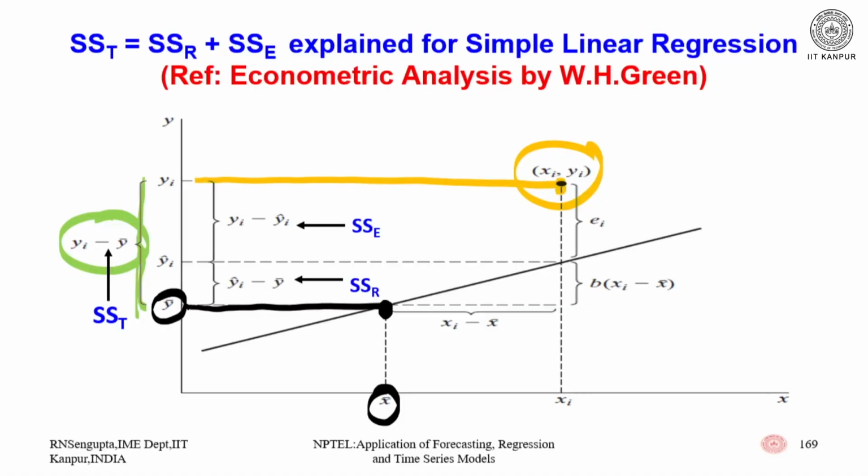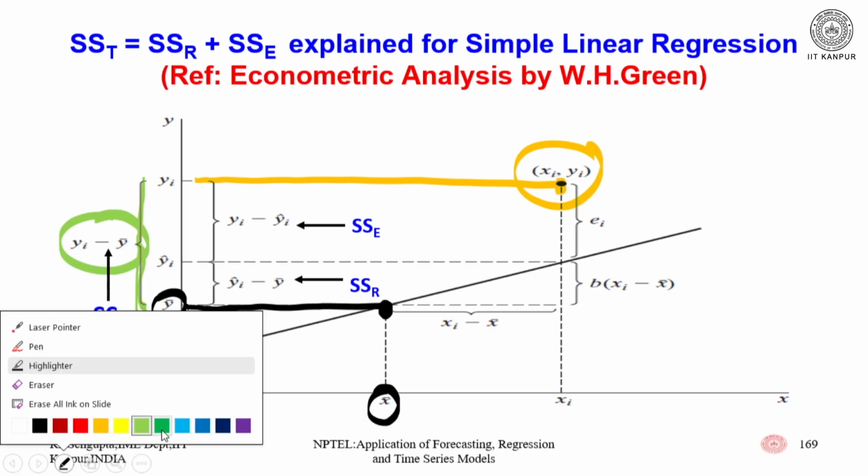Now, if I come to the part corresponding to the regression, that is simple. I have regressed and found out y hat minus y bar would be given by the regression component. Square them up, sum them up, that gives you SSR.